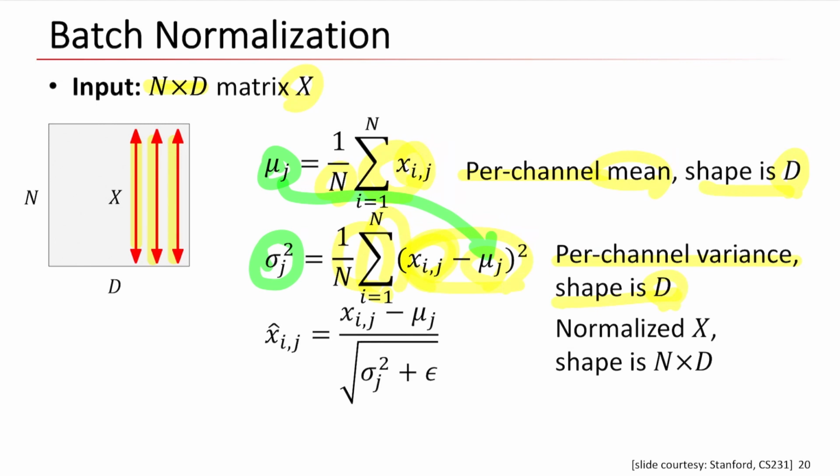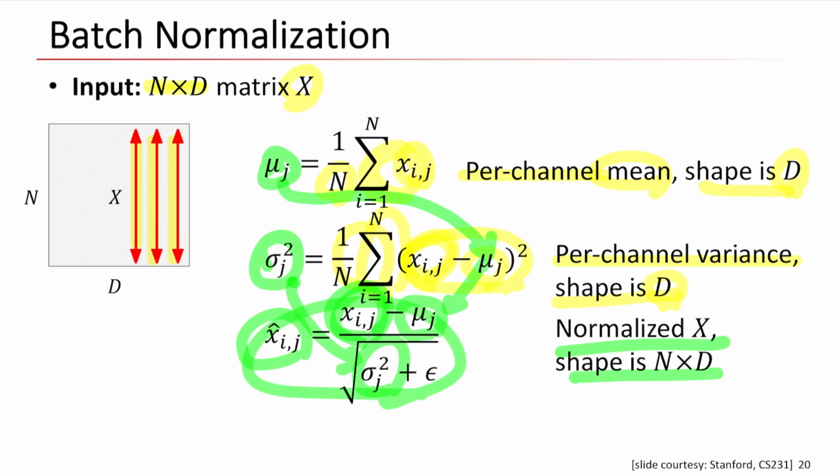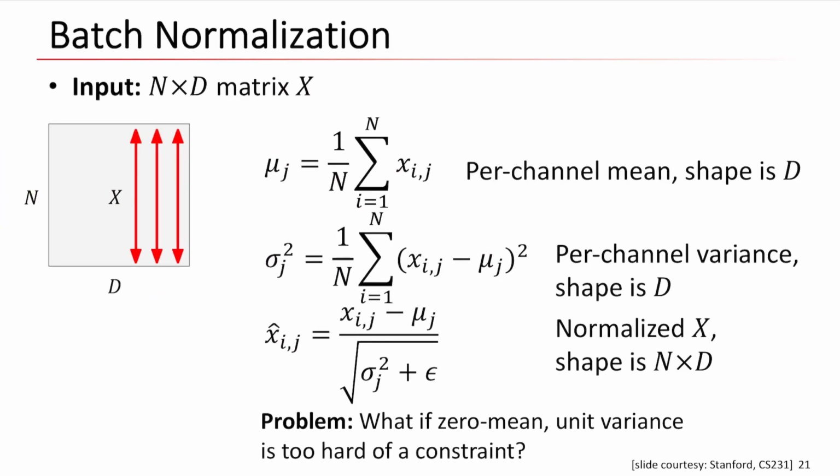Then by using this mean and this variance, we can normalize the original x, so it will be x hat i, j, right? This is just batch normalization. This is very intuitive, right? But here is the problem, right? What if zero mean and unit variance is too hard a constraint?